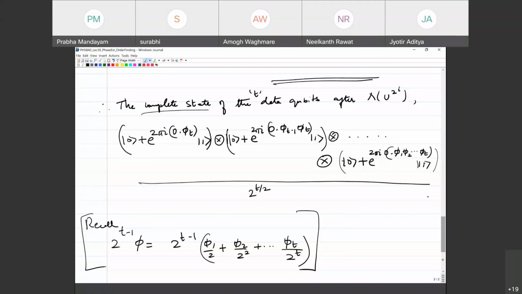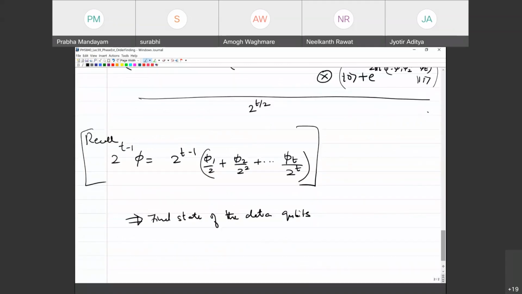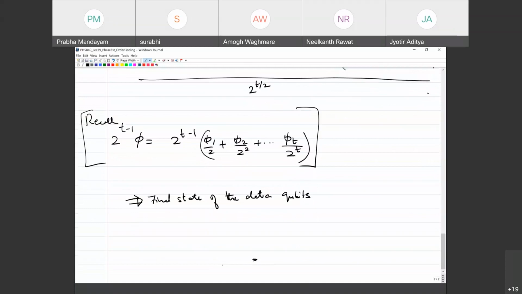So this is indeed the final state of the data qubits, which is nothing but the action of the quantum Fourier transform on the computational basis state whose binary representation is φ_1, φ_2, φ_3, etc., φ_{t-1}, φ_t.